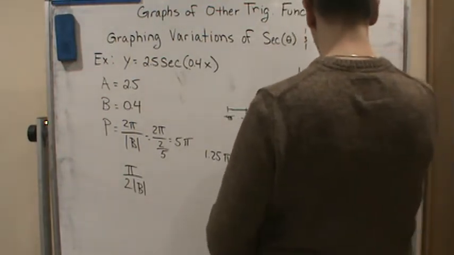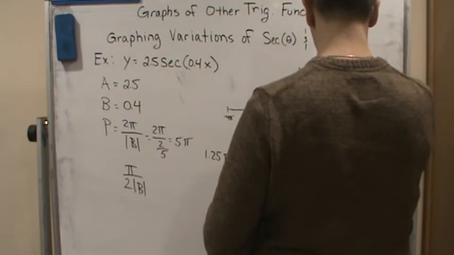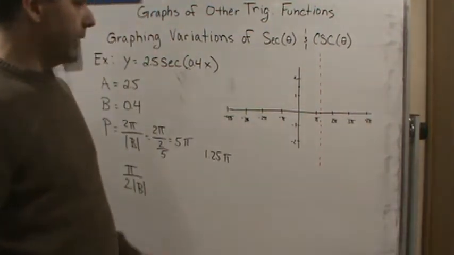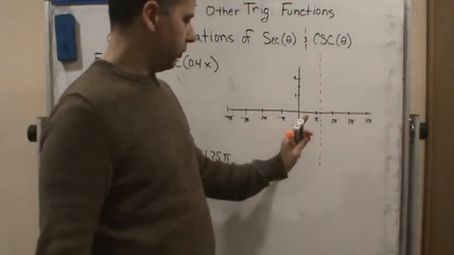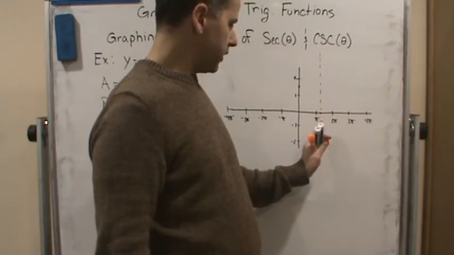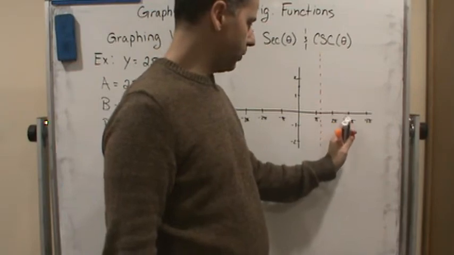There's going to be one here. Now, every odd multiple, so we start here, we're going to skip one. The next multiple is going to be another 1.25, which would put us at 2.5.